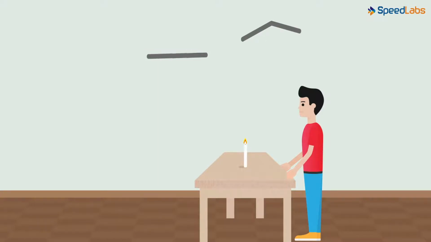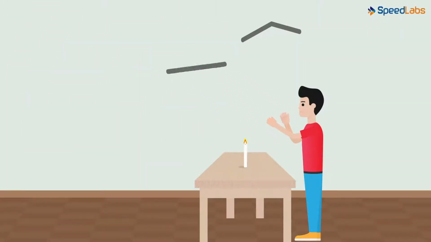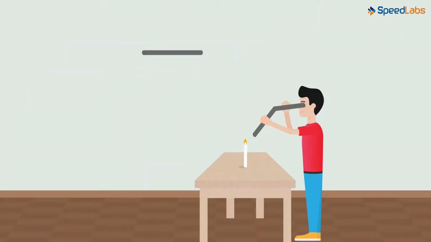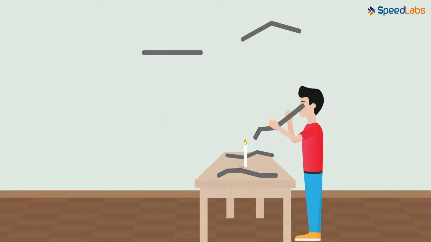Now look at the flame of the candle through an open end of the straight pipe. You will see the flame clearly, which is not so surprising. Now see it using the pipe which is bent. You wouldn't be able to see anything clearly. Use different pipes that are bent in different ways and try to look at the flame through each of them. Again, you wouldn't be able to see the flame through any of them.